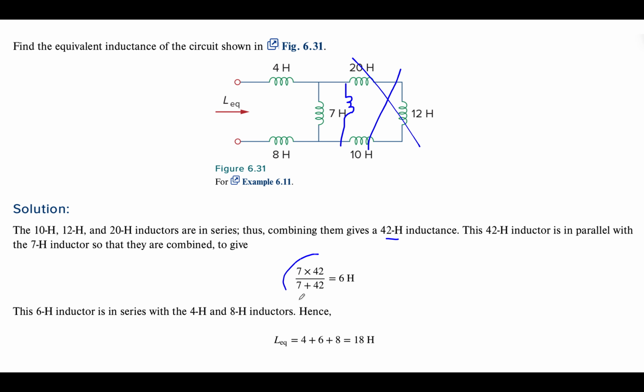That combination can be done here, product over sum, giving us 6 henries, meaning everything to the right of this can be replaced with a single 6 Henry inductor, putting 3 of them in series, meaning your equivalent inductance is 18 henries.